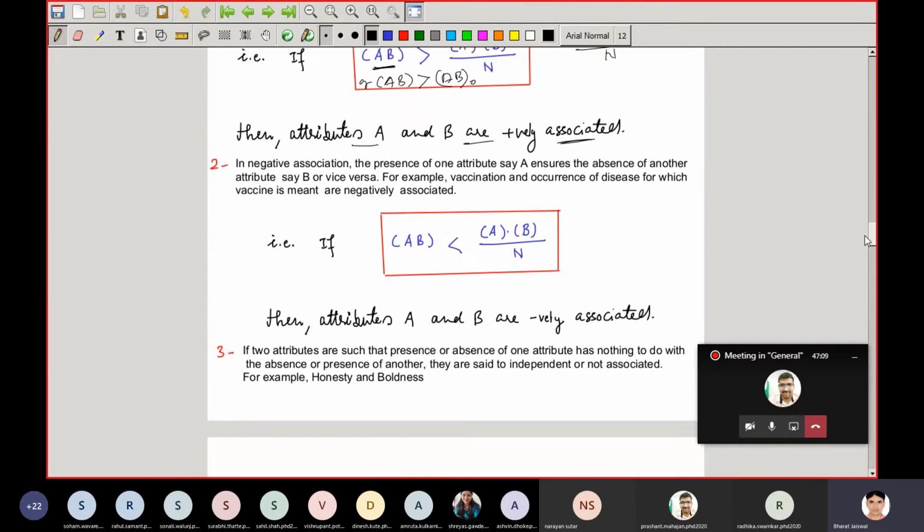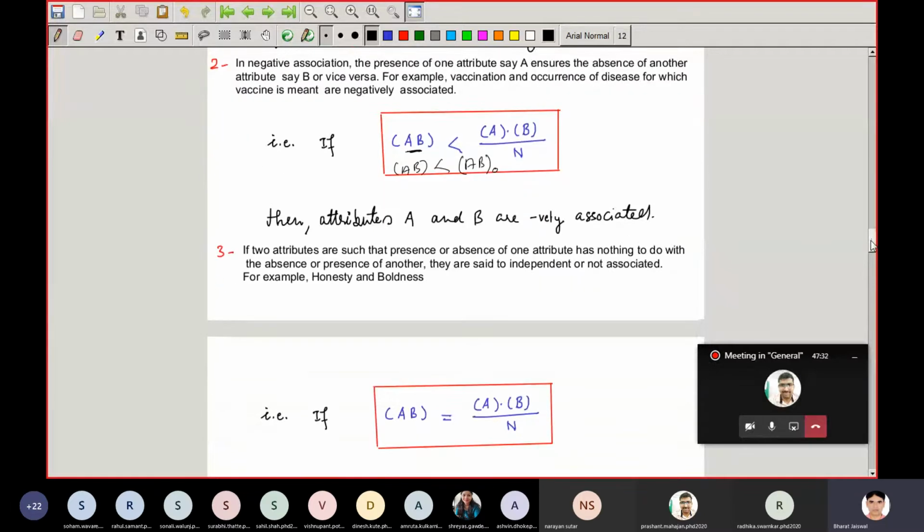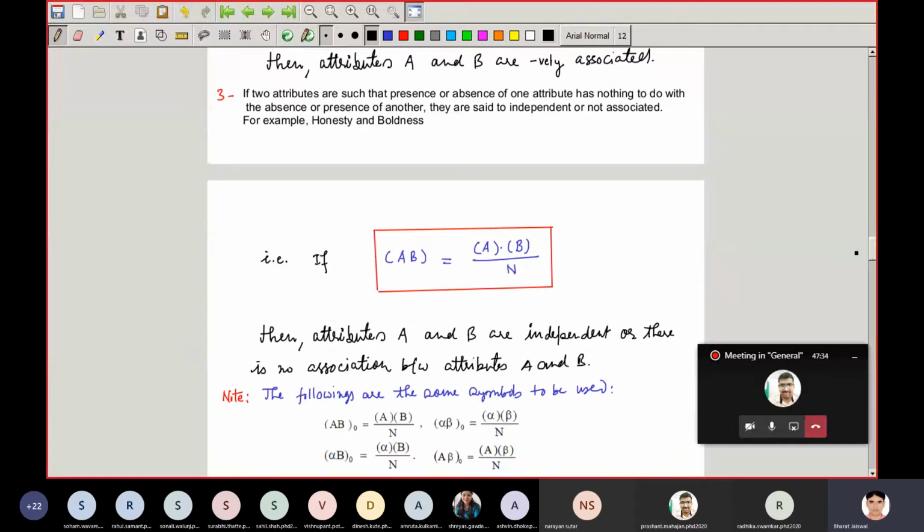Similarly, if the frequency of the class AB is less than this one, we say that these are negatively associated with each other, and if these are equal, we can say that there is no association or they are independent.